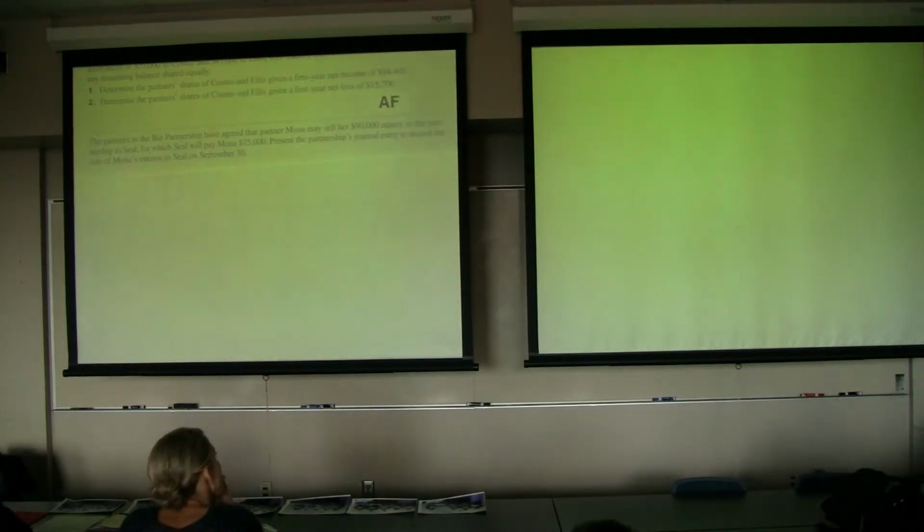Present the partnership's journal entry to record the sale of Mona's interest. So Mona has a $90,000 equity. Seal paid Mona $75,000 for her equity. What would the journal entry look like?